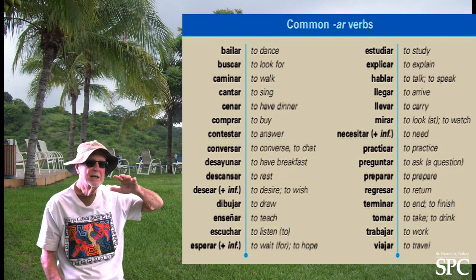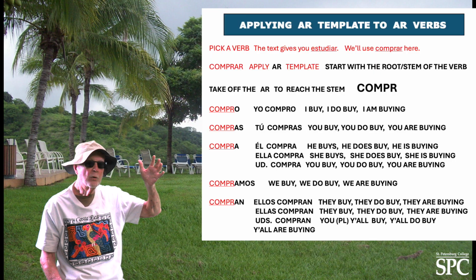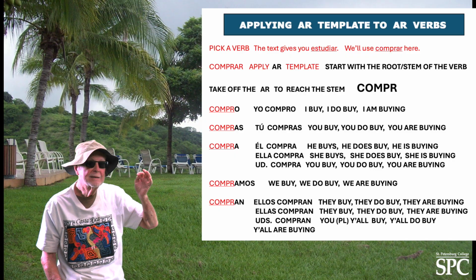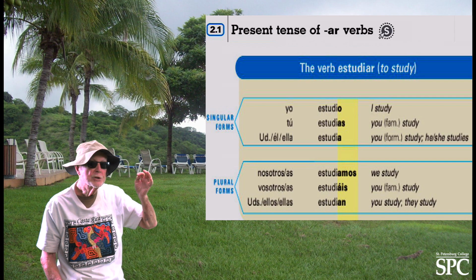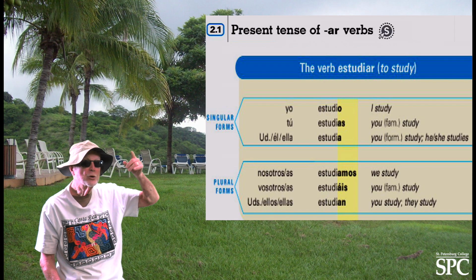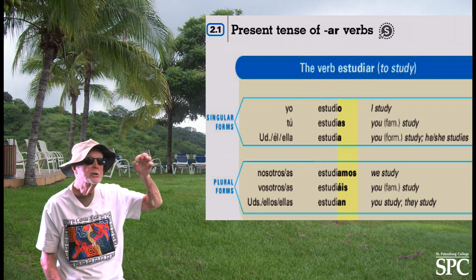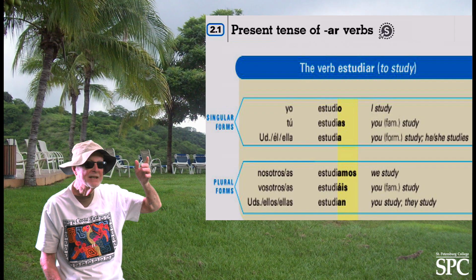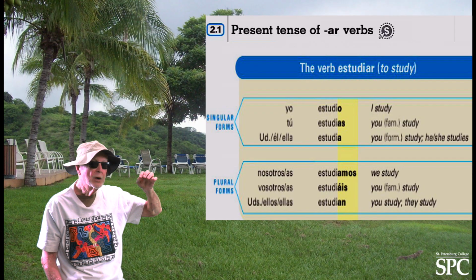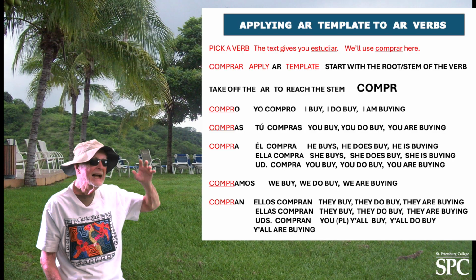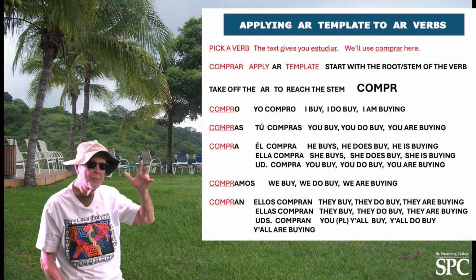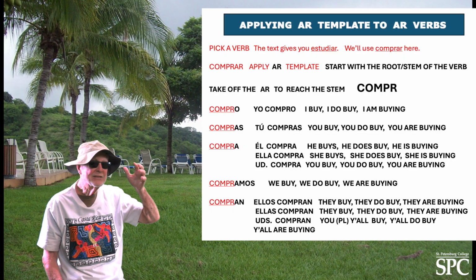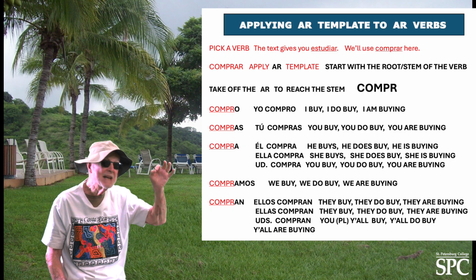For our purposes today, we're going to use comprar. The text uses estudiar. And you saw before, estudio, estudias, estudia, estudiamos, estudian. That's the verb estudiar. We're going to use comprar and explain it. So we picked the verb comprar. We have to get the root or the stem of the verb.